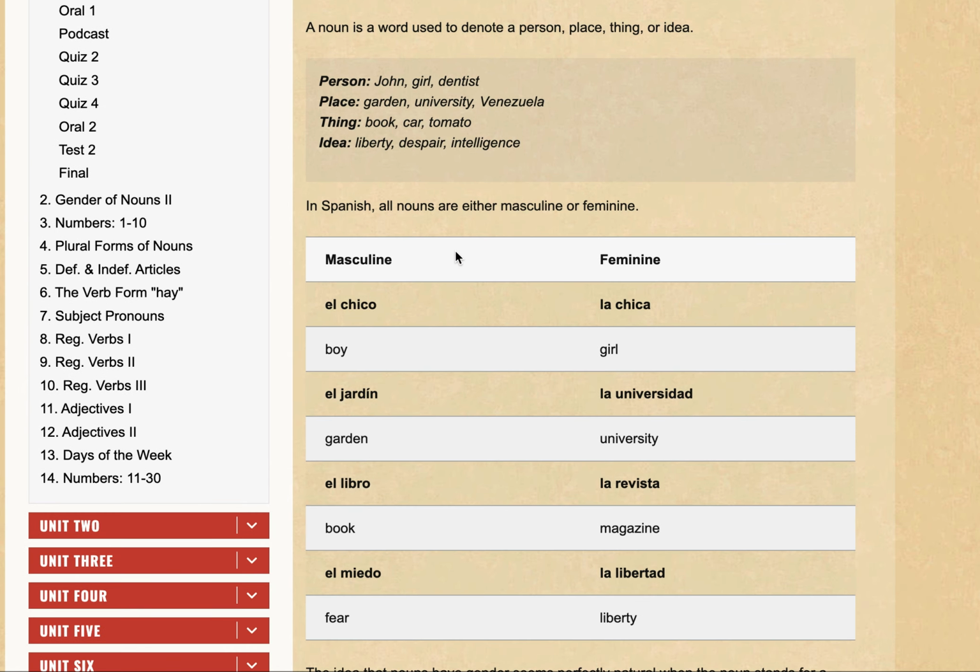So in Spanish, all nouns are either masculine or feminine. So masculine, like el chico, feminine would be la chica, boy. Garden would be el jardín, and for a university it would be la universidad.